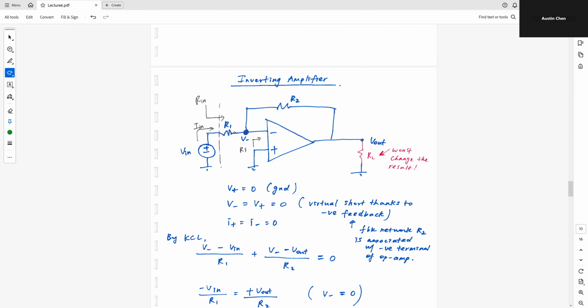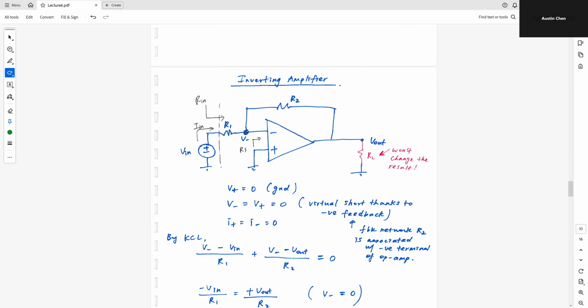So I have this triangle here. This is my op-amp, and I have my output at the tip of this triangle, and at the output, I loaded it with this RL. And I have this resistor R1 and resistor R2. In resistor R1, I have this voltage source connected to resistor R1 and then to the V minus node.